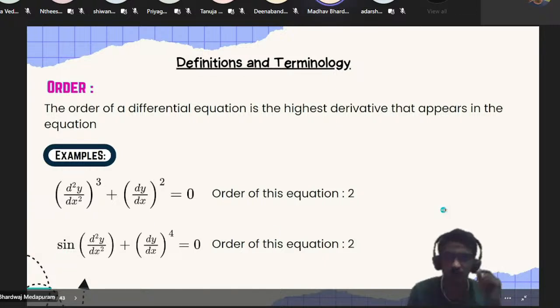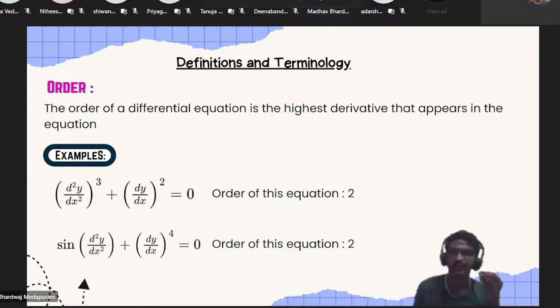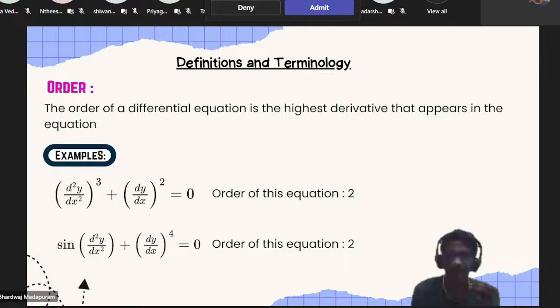I also want to mention why there is a need for the term order of the differential equation. The order helps us understand the complexity of the system we are looking at. The higher the order, the more intricate the dynamic behavior of the system. For example, you might have come across oscillation and the SHM equation, a second order differential equation, which means oscillations are involved in the system.